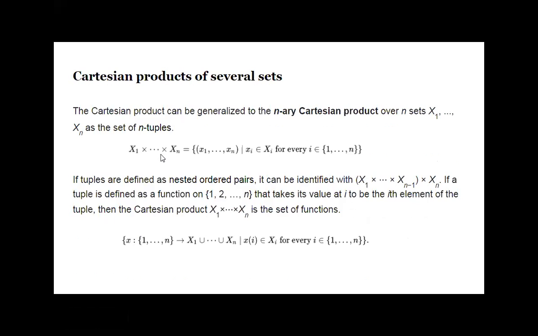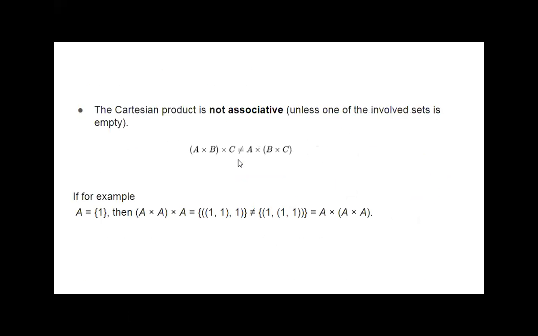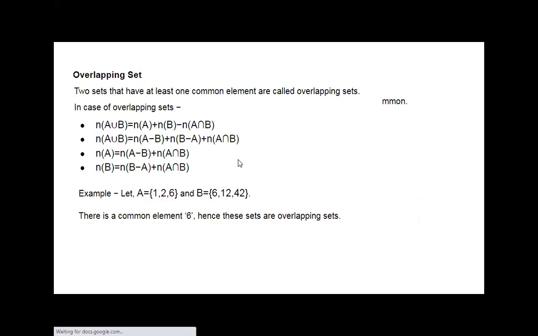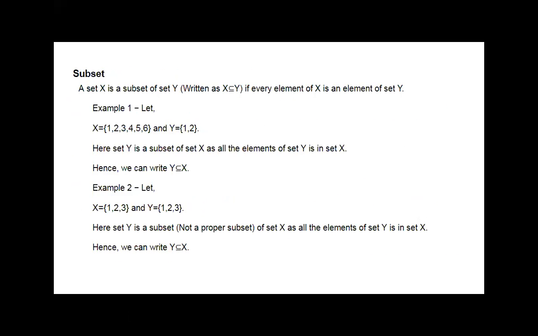X1 cross X2 cross X3 up to cross Xn is the set of (x1, x2, x3, ..., xn) such that xi belongs to capital Xi for every i from 1 to n. Okay, yes, this is the third unit, that is sets.